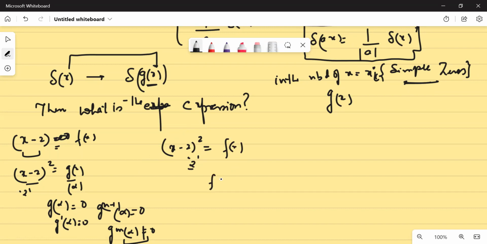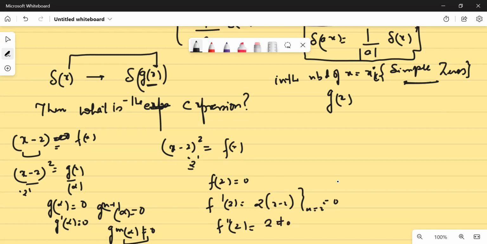What does it mean? It means f of 2 should be equal to 0. Try to find the derivative. F dash 2 would be 2 times x minus 2 at x equal to 2, obviously 0. But f double dash 2 will never be equal to 0. That would be equal to 2. Certainly this is non-zero. So if I'm saying my function has a root of multiplicity 2, it means your function should be 0 at 2, your function's first derivative should be 0 at 2, and your function's second derivative must not be equal to 0.